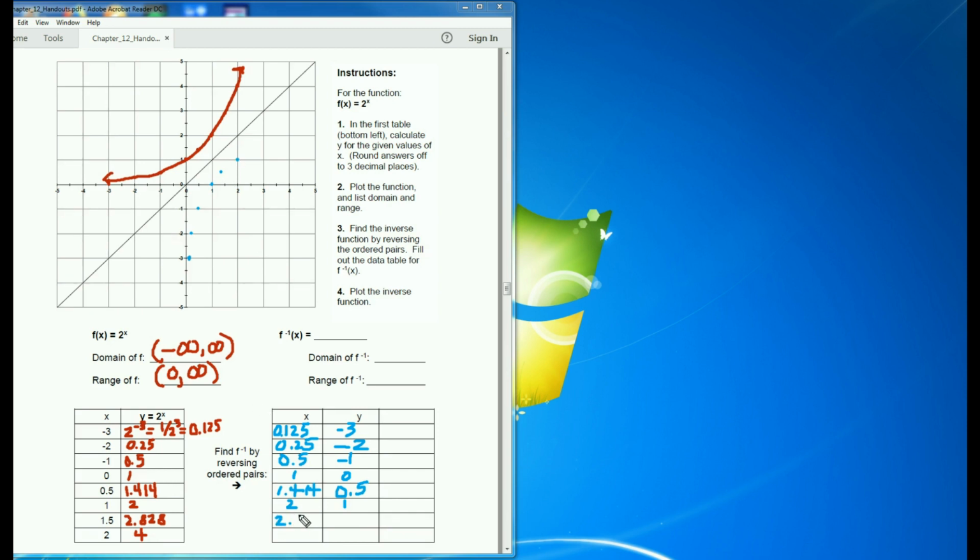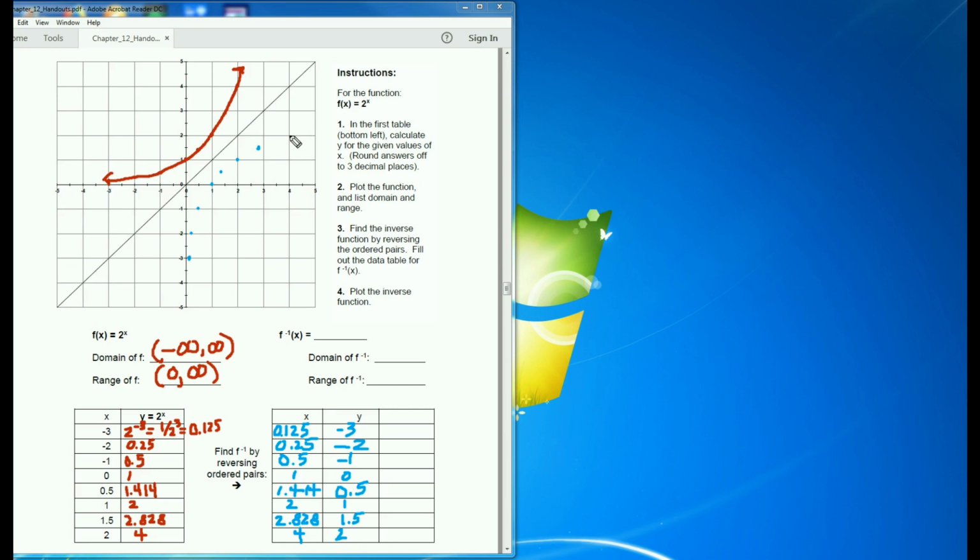About 2.828 and 1.5. All right, 2.8, so that's kind of about up here, and then 1.5, so it's about here. It's a little bit high on that one. Okay, about there. And then 4, 2.